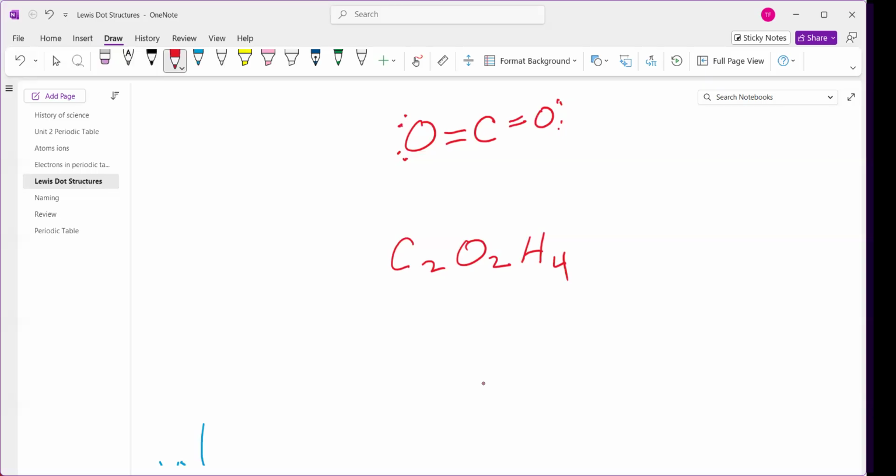This is the one. The three bonds are... So it's six. They're on those.